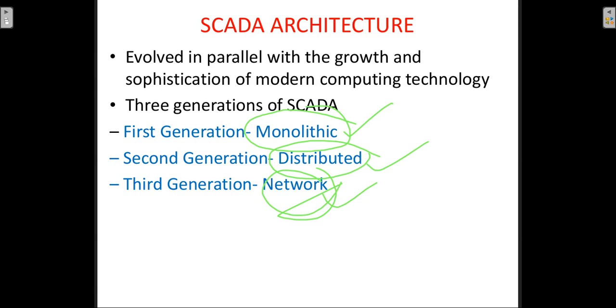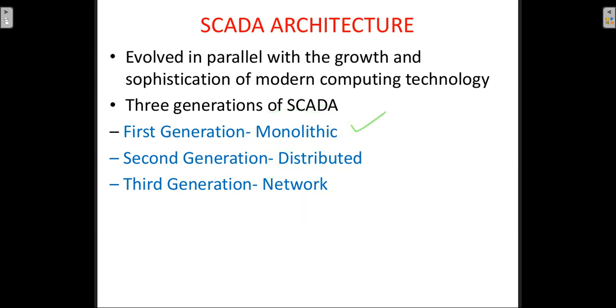Definitely the first one is the crudest, the simplest one. The second is an advanced or enhanced version of the first generation, and nowadays we are having the third generation. Maybe the fourth one, which is not mentioned here, is called IoT based SCADA.